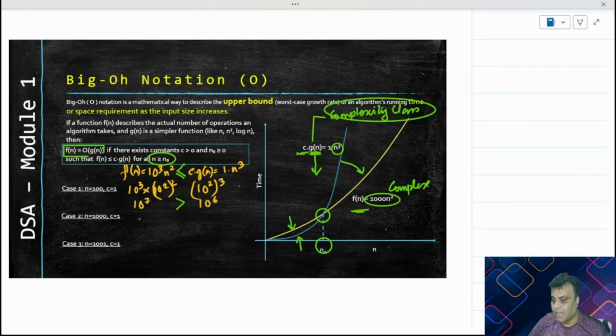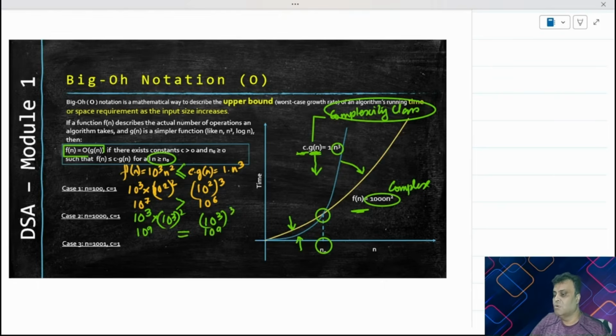Now if I take n as 10 to the power 3, then I have 10 to the power 3 multiplied by 10 to the power 3 whole square. So I have 10 to the power 3 already there, and then I multiply 10 to the power 3 whole square. So what I get is 10 to the power 9. On the other side I get 10 to the power 3 whole cube, which also is incidentally 10 to the power 9.